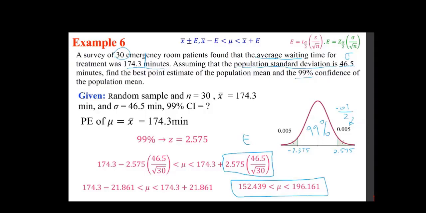We are 99% confident that the true value of the average waiting time, this is in minutes, is in between the two values. We are 99% confident that these two values contain the true mean for the waiting time for treatment in an emergency room.